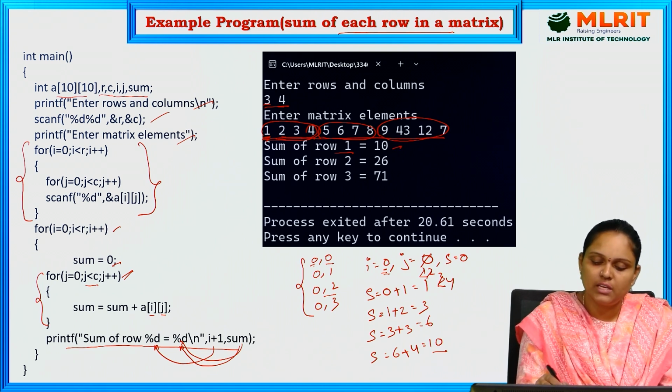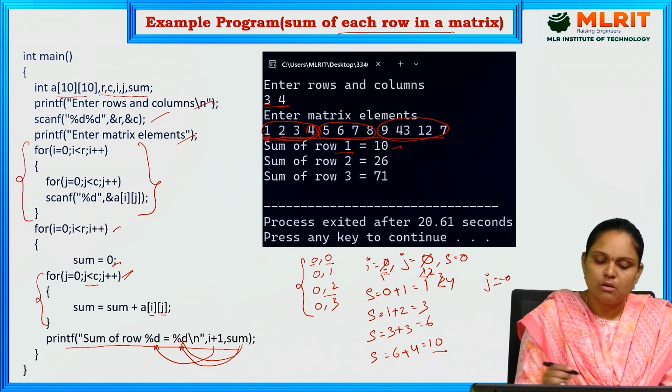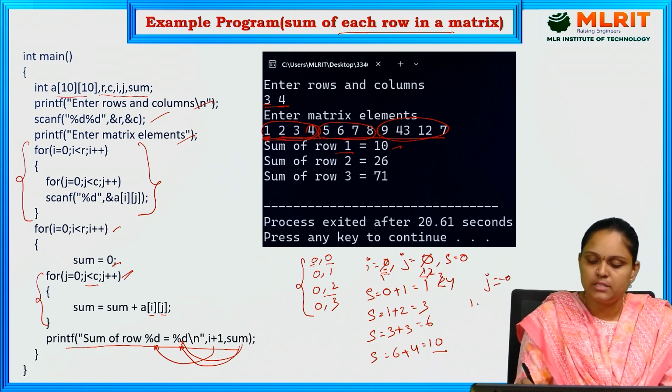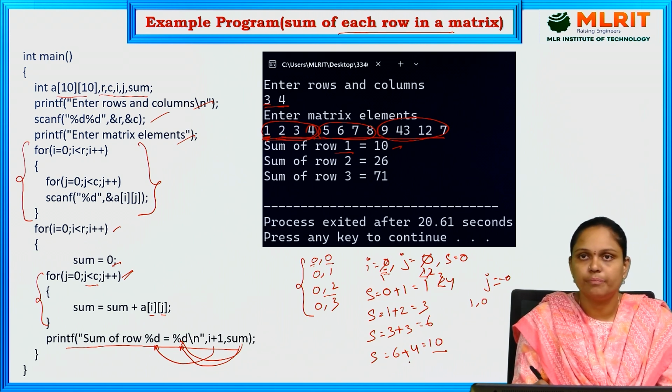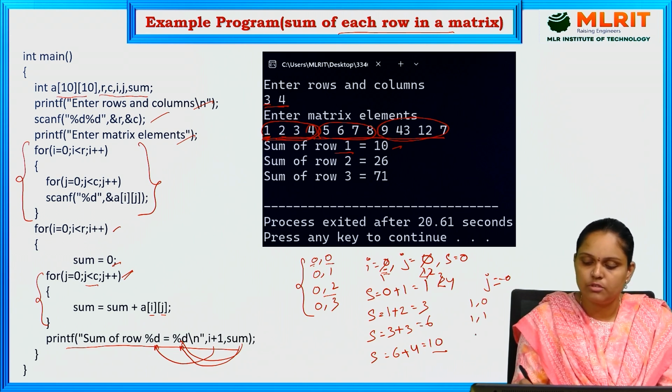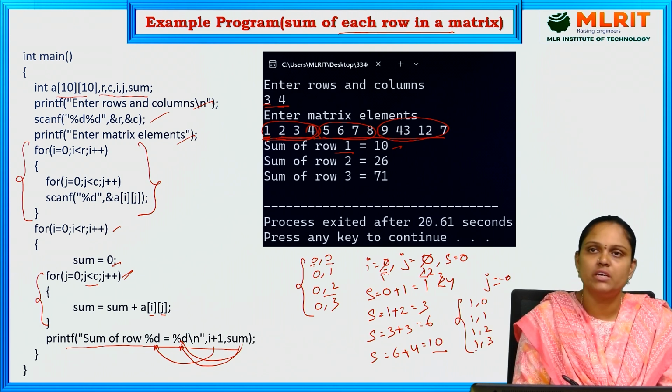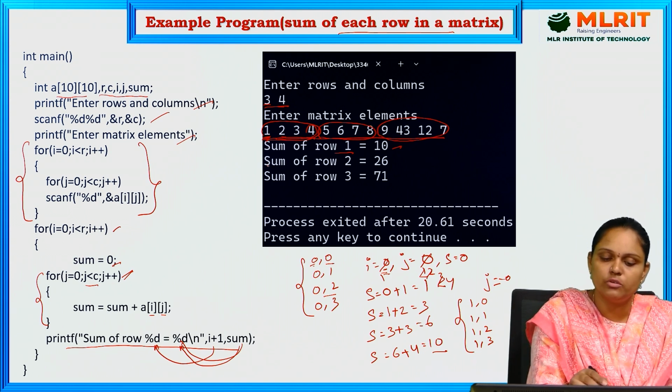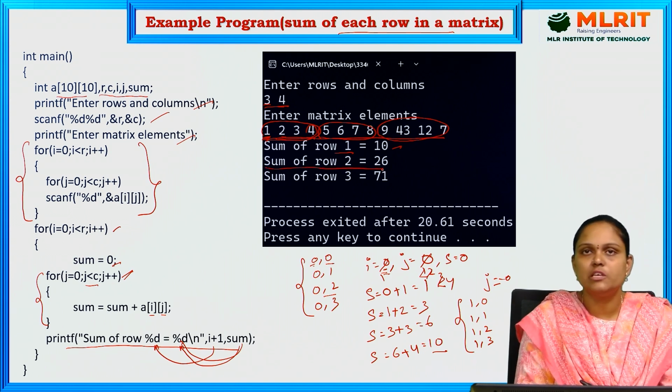In the same way, the i value will be incremented and now j will be 0. So now the first row and 0th column, the next first row and first column, next first row and second column, and next first row and third column. These index value elements we are taking and finding the sum. We get the sum of row 2 equal to 26.